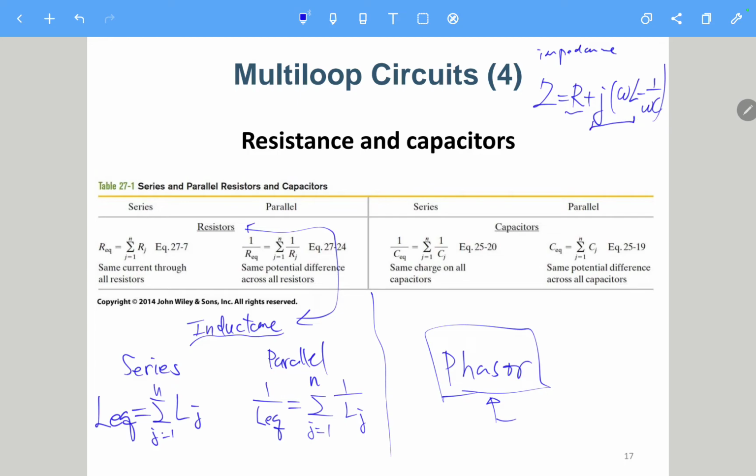The impedance of an inductor is like an imaginary number, and so is the capacitance. The impedance of a resistor is nothing but R. For the inductor, it is j omega L. And for the impedance of a capacitor, it is 1 over j omega C. Okay, in chapter 31, we will talk about this part.